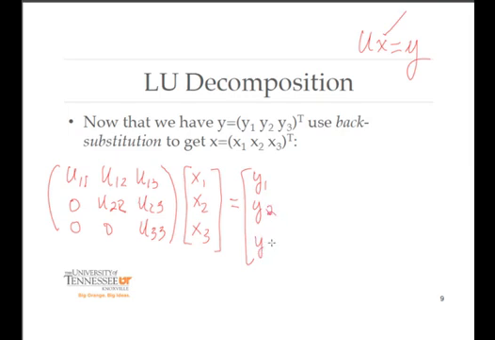Remember, the original right-hand side was used to solve Ly equals b. Now we're just going to go through the same argument we did before. Represent what this matrix equation really means in terms of the inner products of each row with the column vector x, and set that equal to the corresponding component of y. So let's just do that.